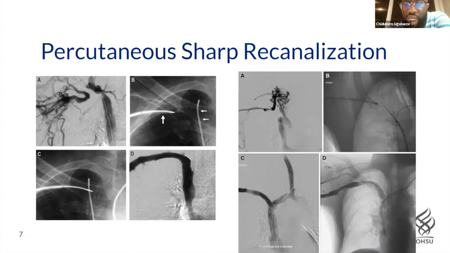Okay, so I'm looking at the chat, and the question is about CT guided access. It doesn't give you good enough live feedback in this small space, and there's so much artifact from the clavicle and rib that I haven't found it to be helpful.